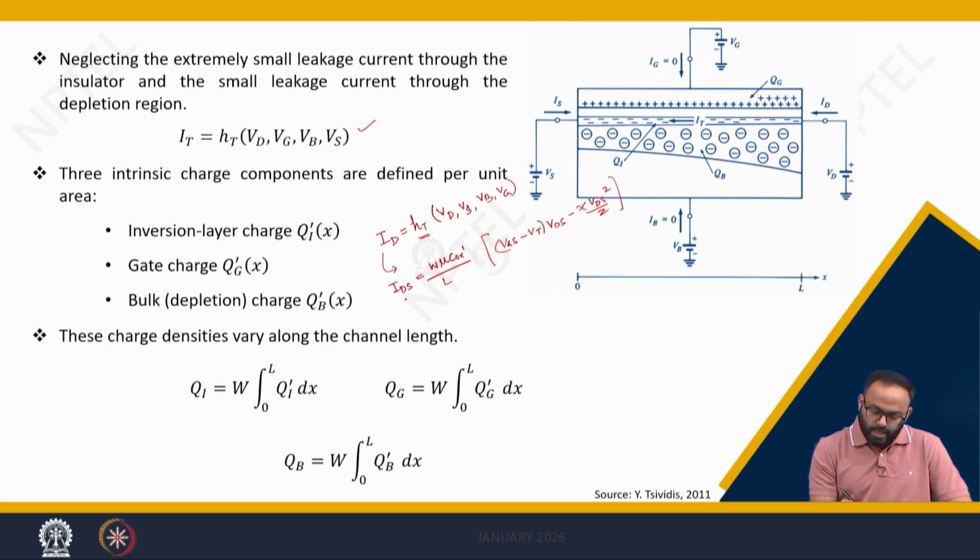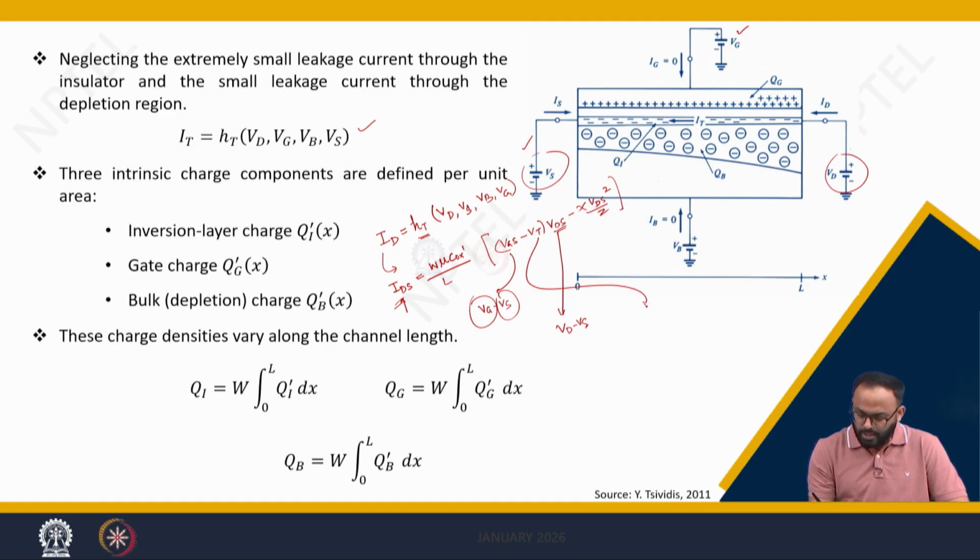Here you can see the current is ultimately related with the terminal voltages, where Vgs is nothing but what? Vg minus Vs. So, we do have Vg and Vs. Similarly, Vds stands for Vd minus Vs. So, again the current is a function of terminal voltages like Vd and Vs.